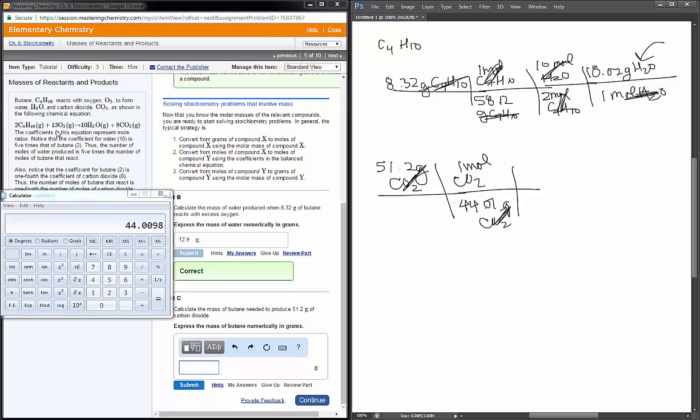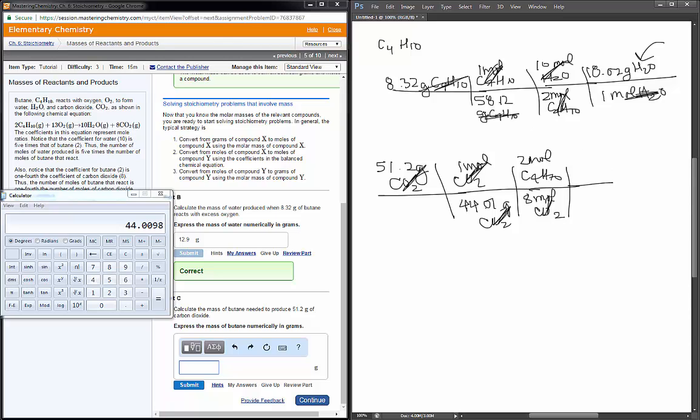And now I can look at my equation and see 8 CO2s were made from 2 C4H10s. 8 moles CO2, I'll put that on the bottom. 2 moles C4H10, I'll put that on the top, so my moles of CO2 will cancel. And then finally, because they want mass of butane, that means units of grams. In fact, you can see units of grams right there.